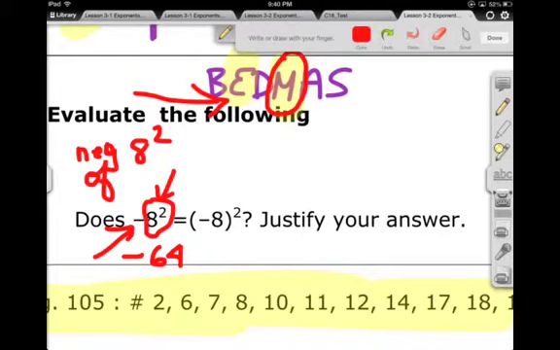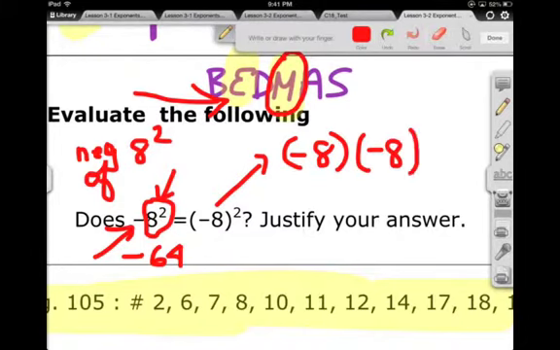That is very different, because in the second example, we've got negative 8 times negative 8. These negative signs cancel out, and you're left with 64. It's a positive value. Now that's different.